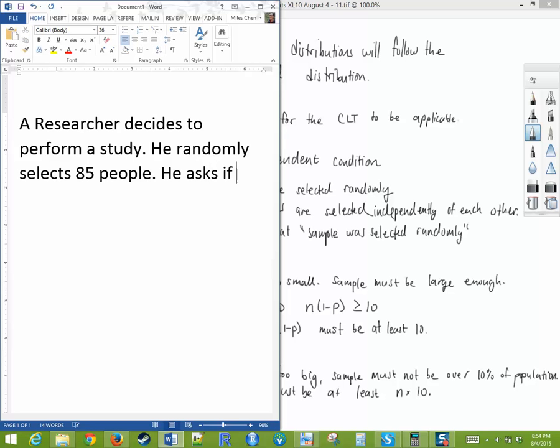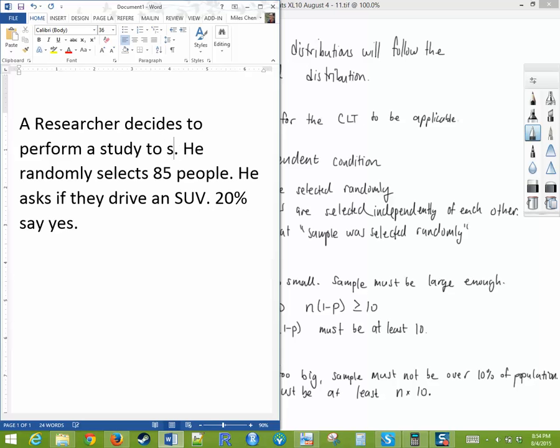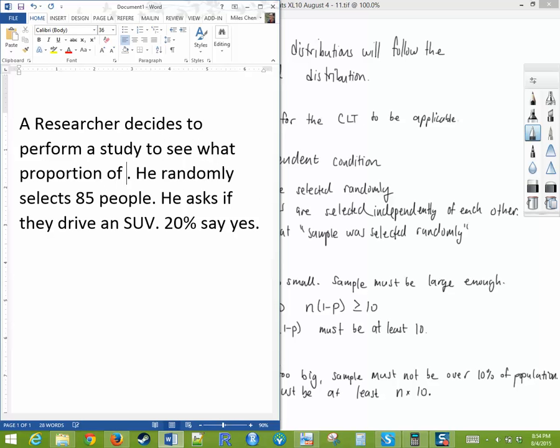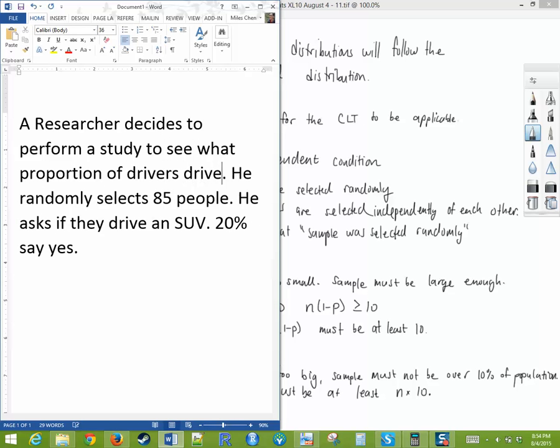He asks if they drive an SUV. 20% say yes. Are any conditions violated? So a researcher decides to perform a study, I guess, to see what proportion of drivers drive an SUV.